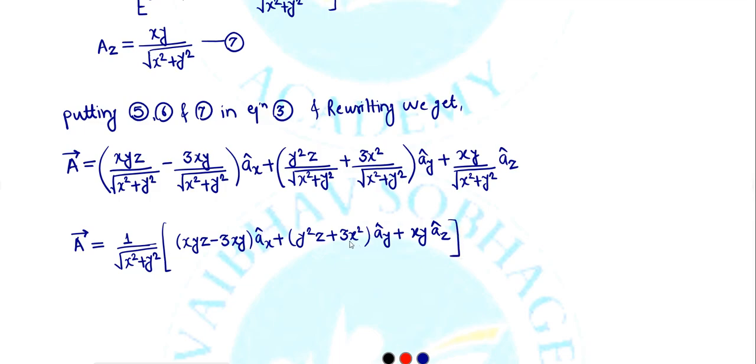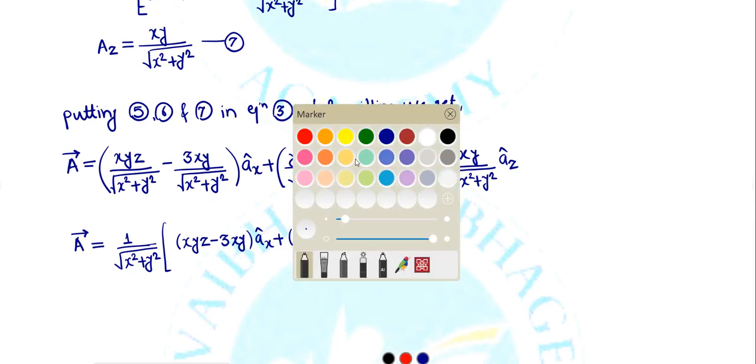Okay, so this is how we have expressed that vector A in terms of its Cartesian coordinate system. In the next part, we are going to talk about part B, where we are going to convert the spherical coordinate system into its Cartesian or rectangular form. Okay, so this is our answer.